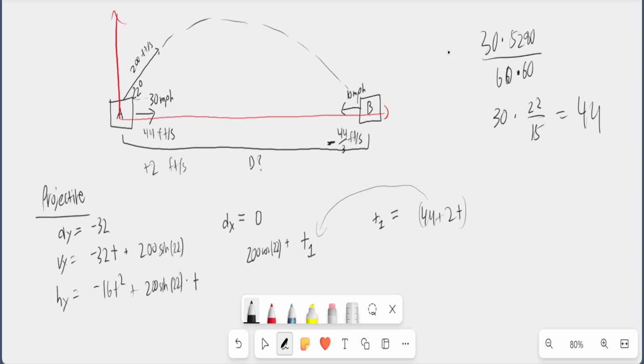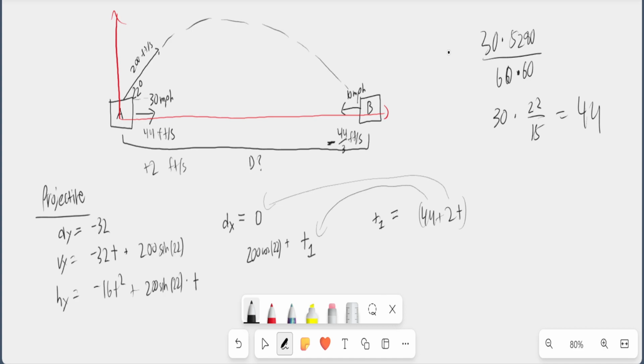Actually, isn't it really separate, because the car is accelerating? It's still affecting it, because technically all I said was the acceleration of the car is 2, but that shouldn't be it. 44 plus 2t.